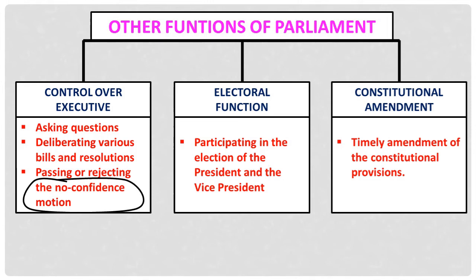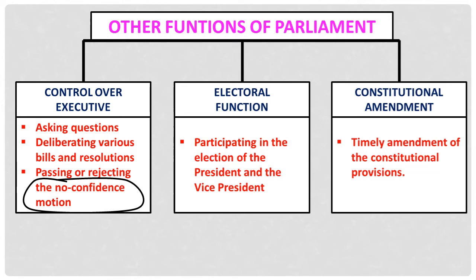What is non-confidence motion? This is not familiar to you. You people know that India is a big democratic country. How do we elect our leaders? Yes, the party that gets the majority, then their representatives become our leaders.